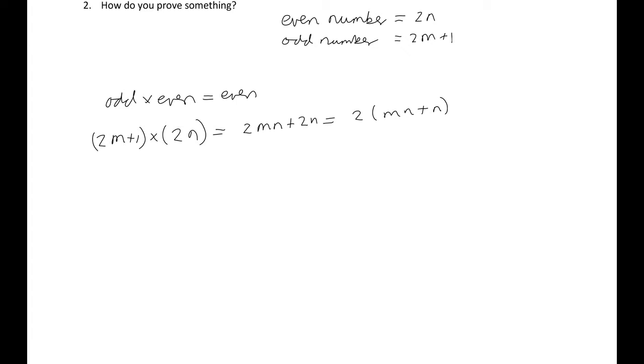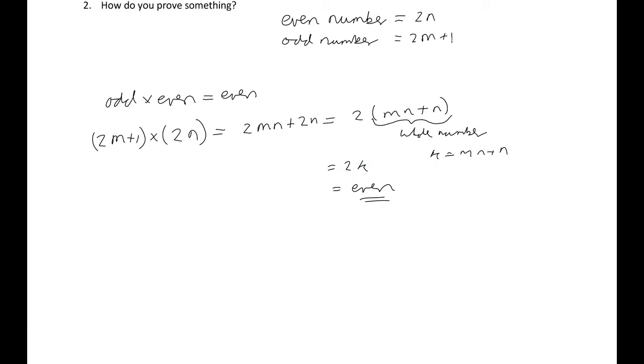Now you might correctly notice we could bring an n out of this, although that would be good for factorising, that's not actually what's important here. If m and n are whole numbers, that's a whole number. Therefore, this equals 2 times some number k, where k equals mn plus n. So that's even. Now, we didn't need to write k here.